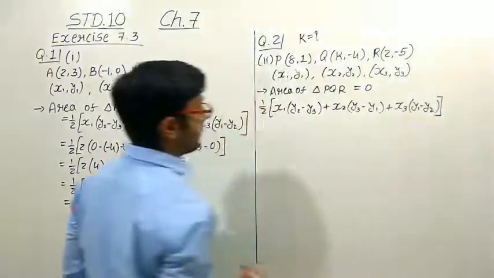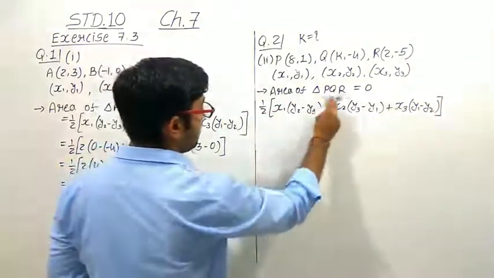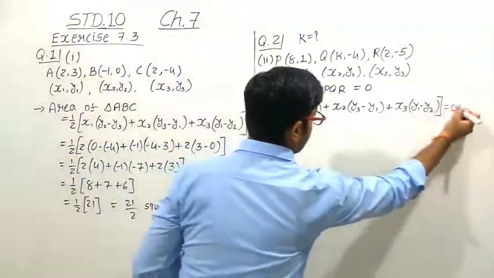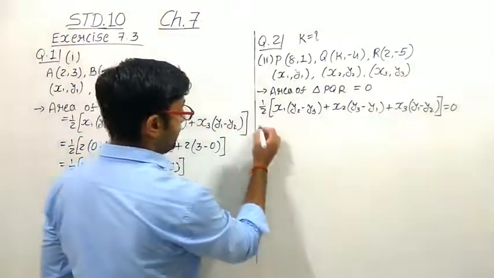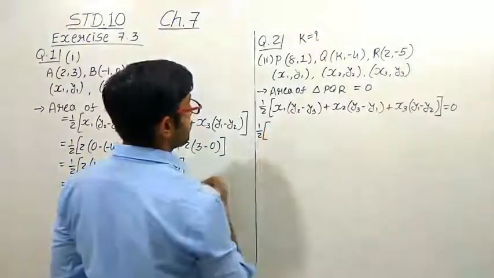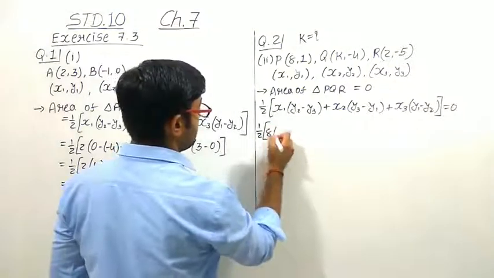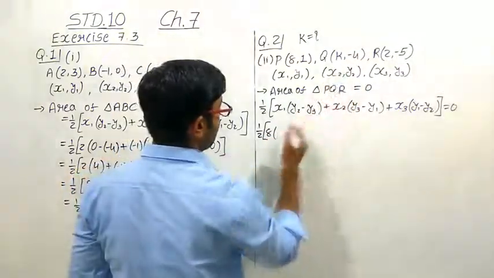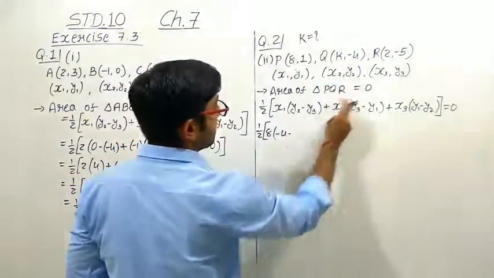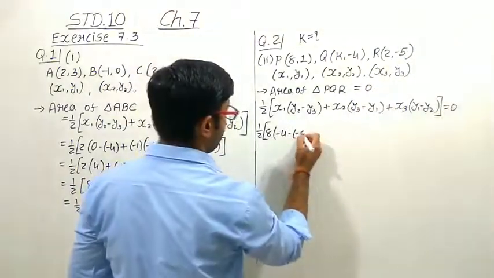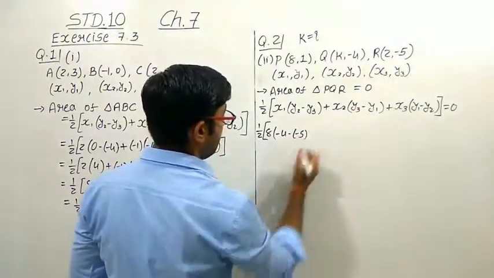This is the formula, right? Now put down all the values. Here we know that the total area is equal to 0. So here we can write 1/2, x1 is 8, y2 is minus 4 minus y3 which is again minus 5. So put it in the bracket, right?